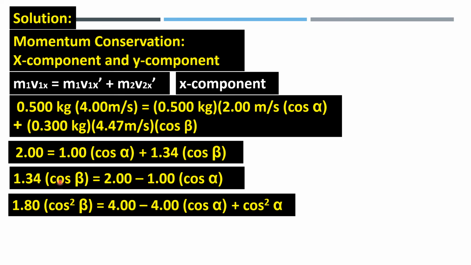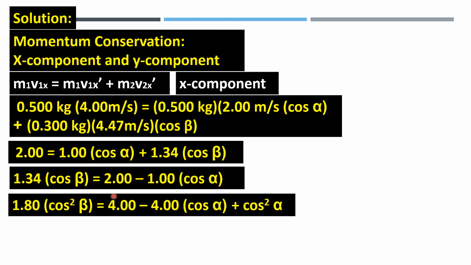Of course, the square of cosine beta is just cosine squared beta. And in squaring the terms on the right side, it's just like multiplying this 2 minus 1 cosine alpha by itself. So if you do that, this is what we're going to get.